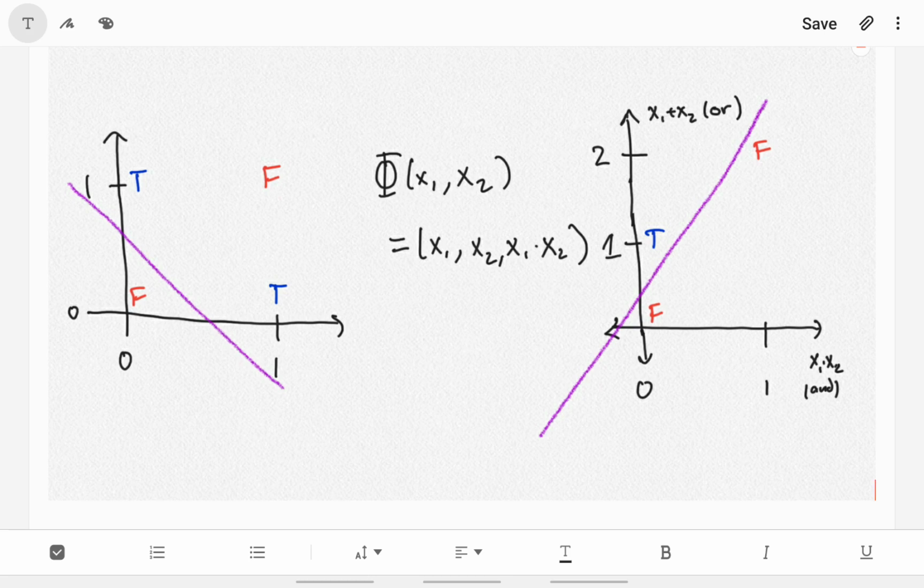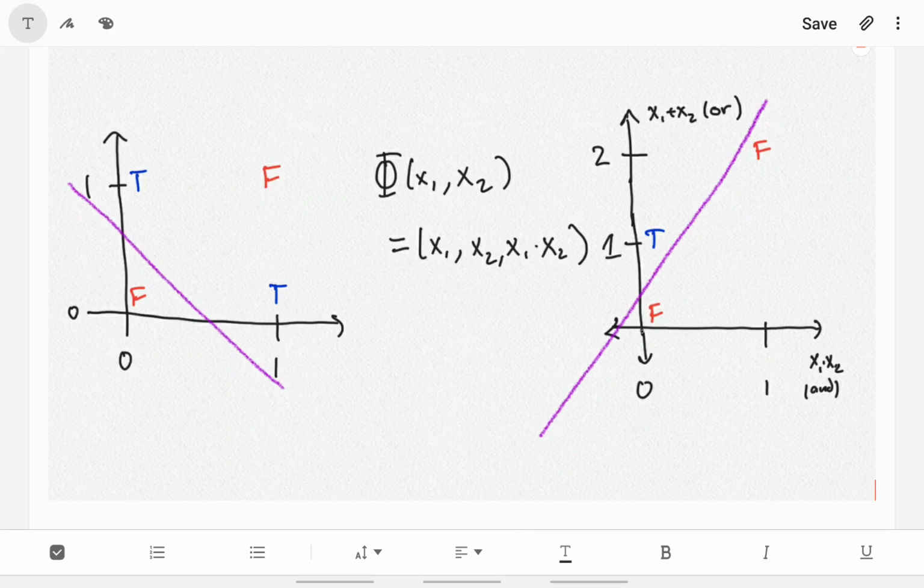So if we plot our data in this subspace, x1 plus x2 against x1 times x2, which is a subspace of the higher-dimensional embedding space, the data points become the following. If x1 and x2 are both 0, then x1 plus x2 is 0 and x1 times x2 is 0, and a false lies at the origin here.